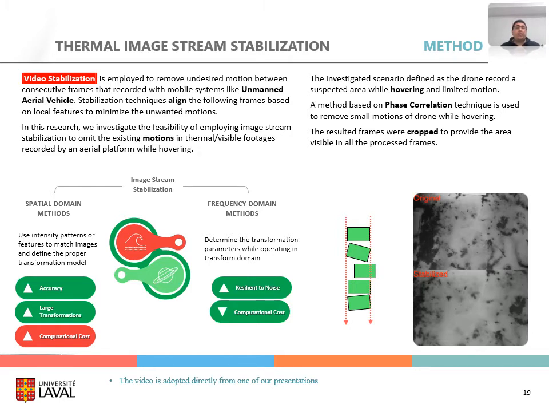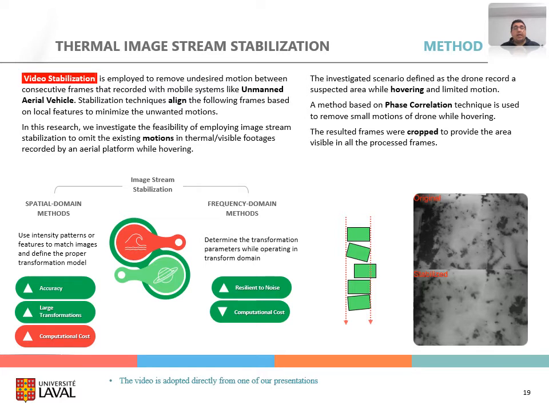There are two types of video stabilization methods: spatial domain methods and frequency domain methods. Spatial domain methods use intensity patterns or features to match images and define the proper transformation model. However, frequency domain methods determine the transformation parameters while operating in the transform domain.